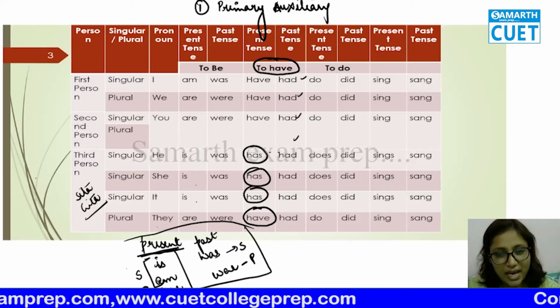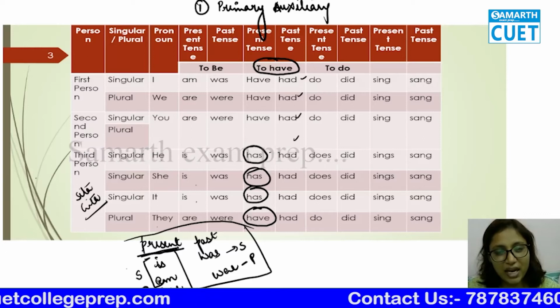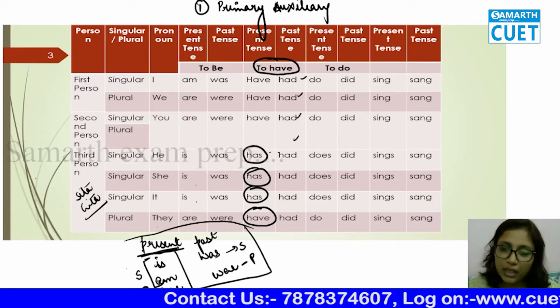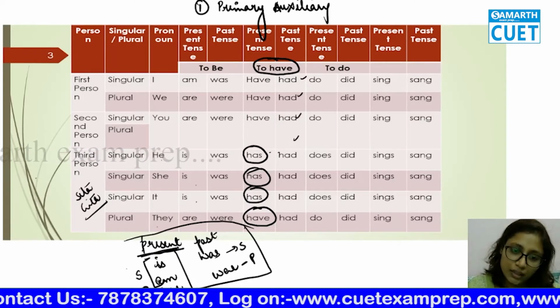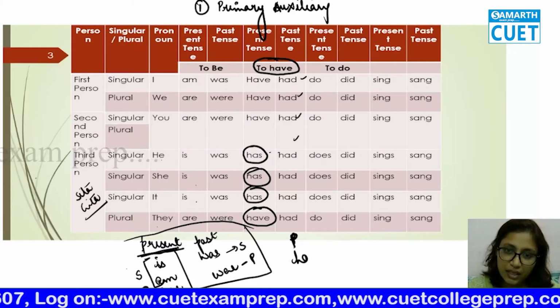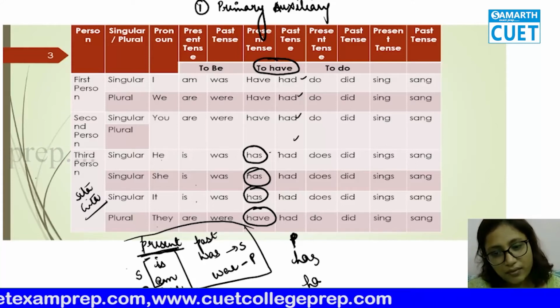And in past, everything is going to take the had form. If you see, I had, we had, you had, he had, she had, it had, they had, Rita had, Sita had, Ram had, Geeta had, everything is had. Understand? In the have verb, we have has and have.